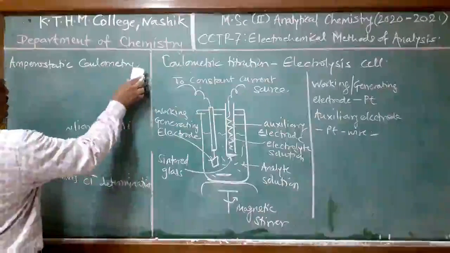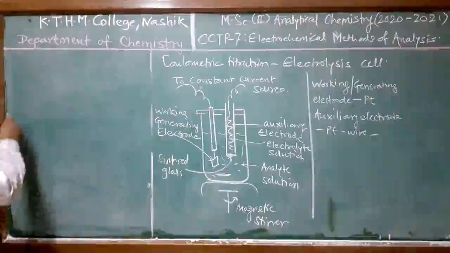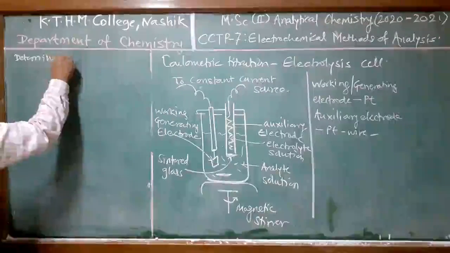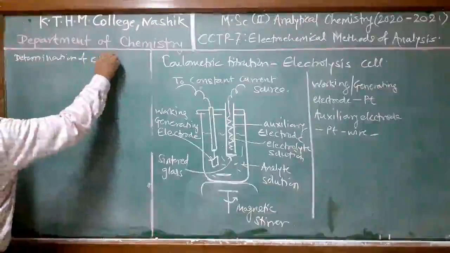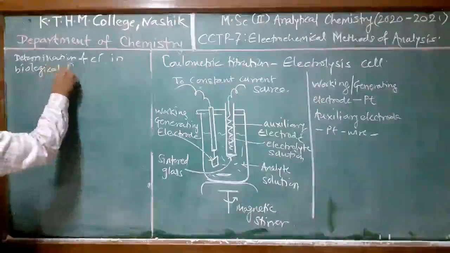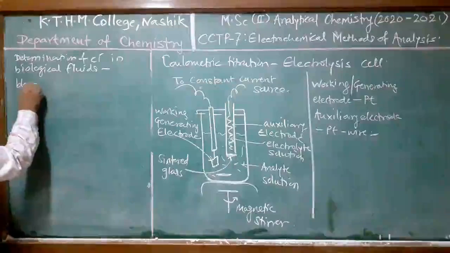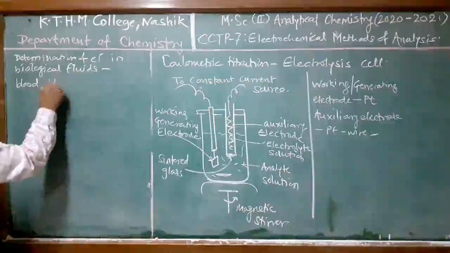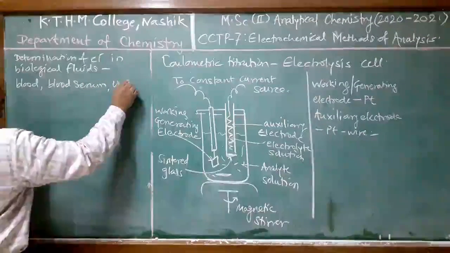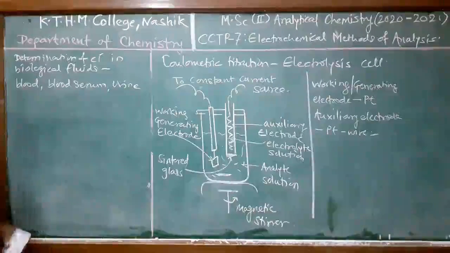Determination of chloride in biological fluids, and these biological fluids mainly consist of blood or blood serum or sometimes urine or other biological fluid from which we can determine the chloride.